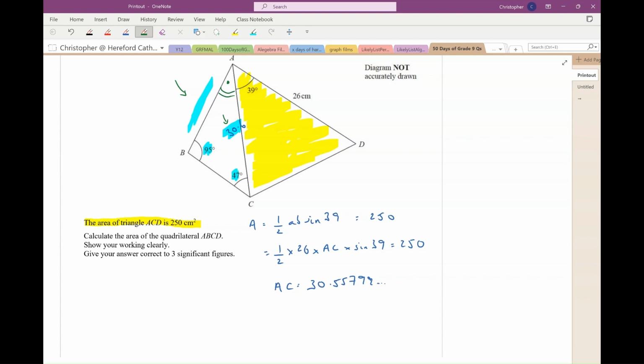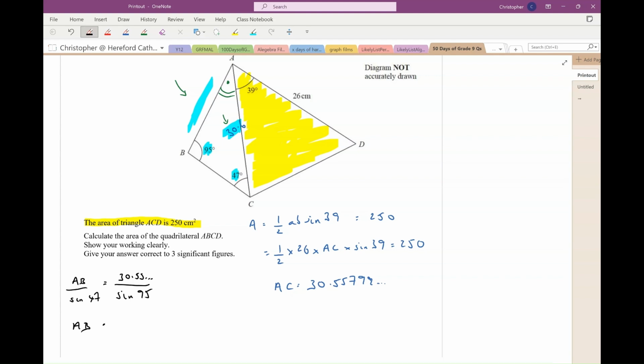So, let's say that AB over sine 47 is going to equal AC, which is 30.55 and so on, over sine 95. So I've got the 30.55799479 on my calculator.